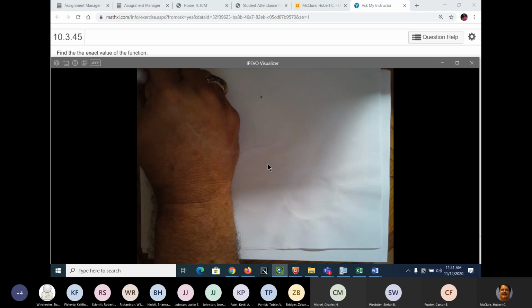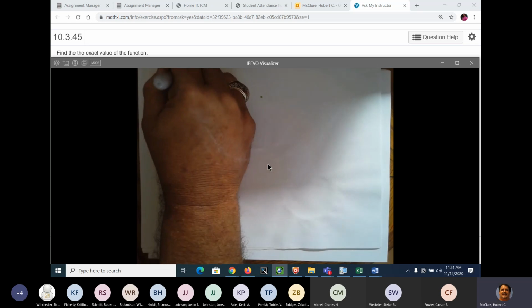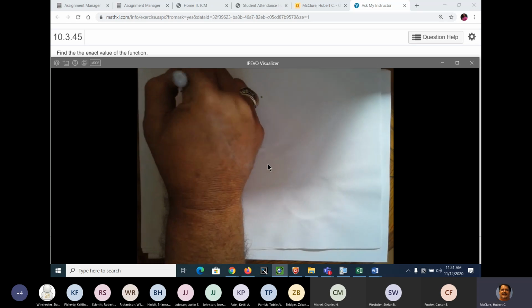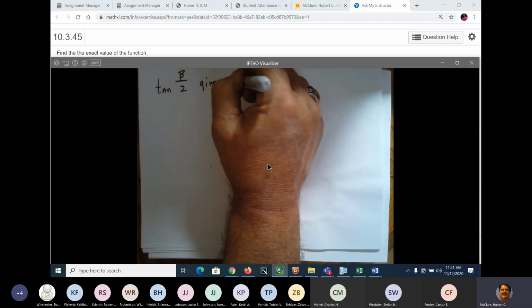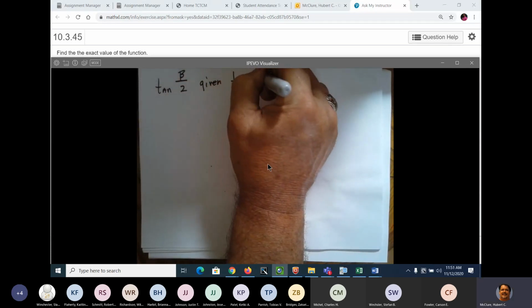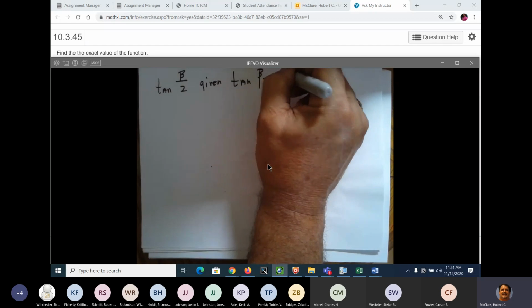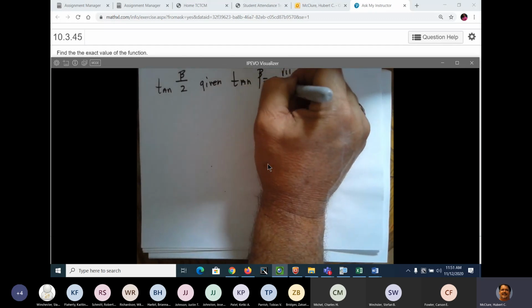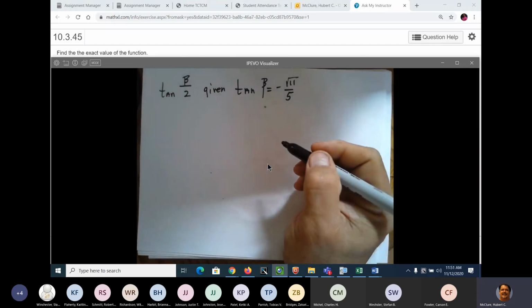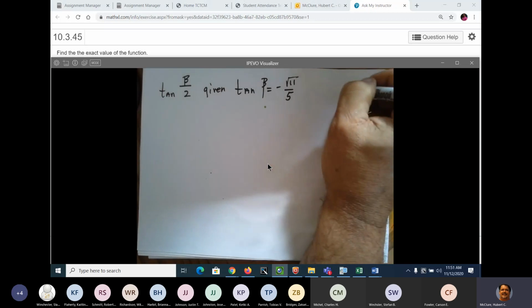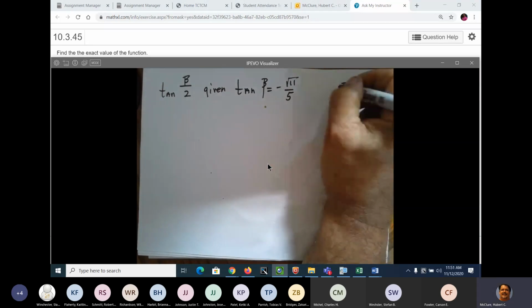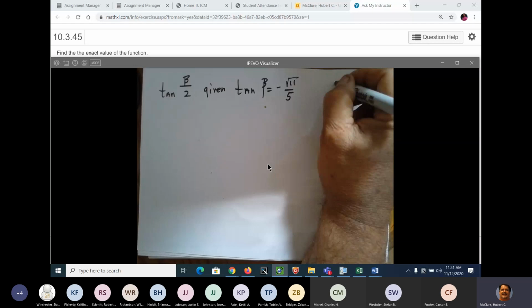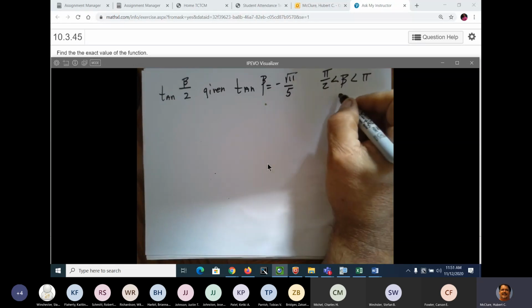Tan beta over 2, given tan of beta is equal to negative square root of 11 over 5, and beta is between pi and pi over 2, which means that beta is in the second quadrant.